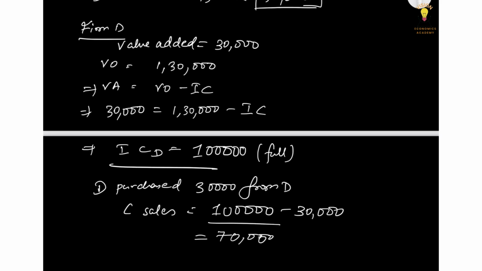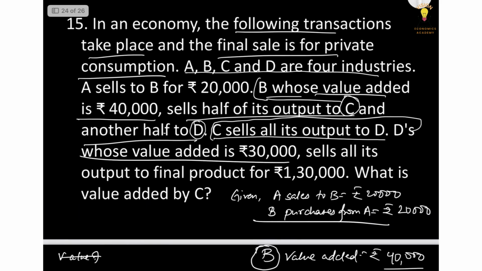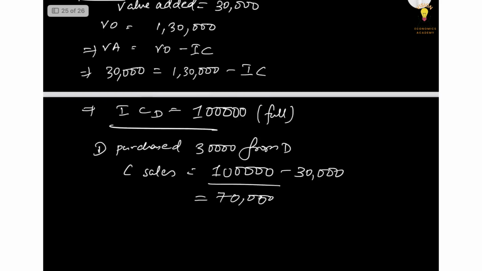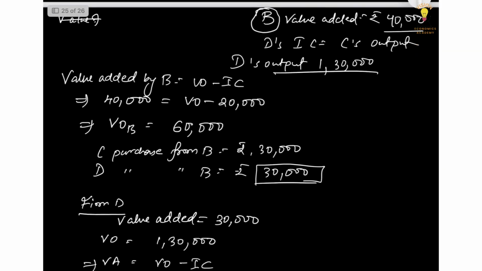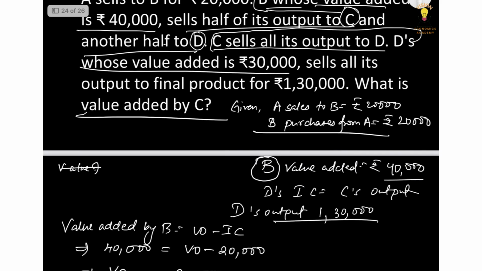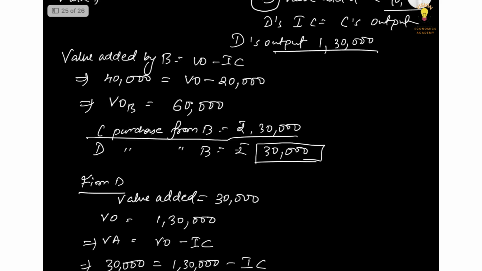Once we have found the sales of C, and we know that C has sold all of its output to D, what is the value added by C? That's very easy to find. Value added by C equals value of output, 70,000, minus the intermediate consumption of C. C purchased from B worth 30,000.